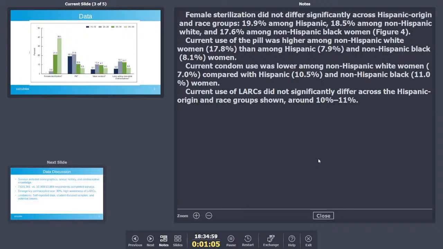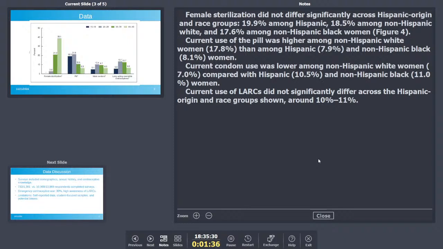This is from the CDC. It goes over several methods of contraception. Female sterilization did not differ significantly across Hispanic origin and race groups. Current use of the pill was higher among non-Hispanic white women than Hispanic and non-Hispanic black women, about 17% to 8%.